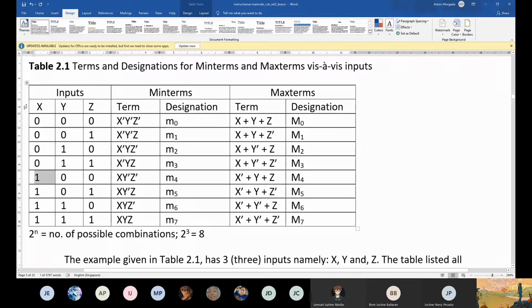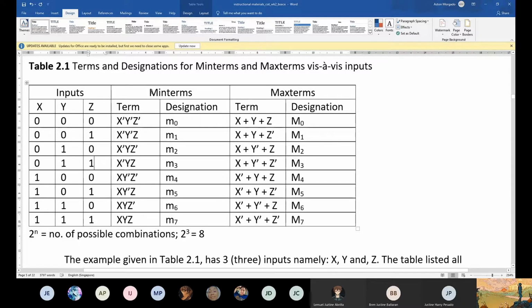Kung may isa pa dito, W, 2 to the 3, so you have to repeat 0 8 times, then followed by 8 ones. Can you follow, class? Yes, ma'am.